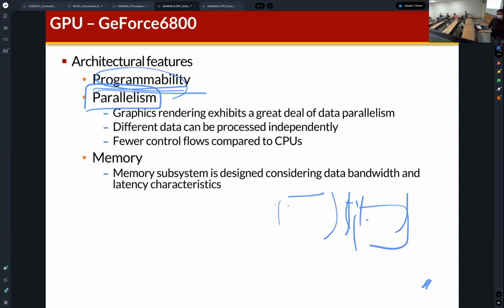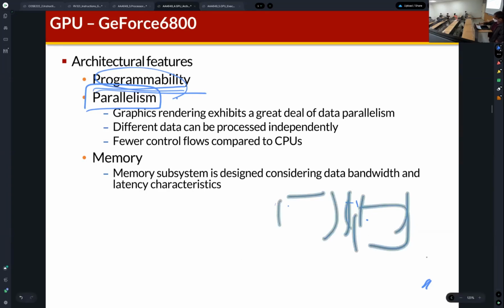So we can find many parallel operations in image processing and graphics applications. So the GPUs already exploit data parallelism.